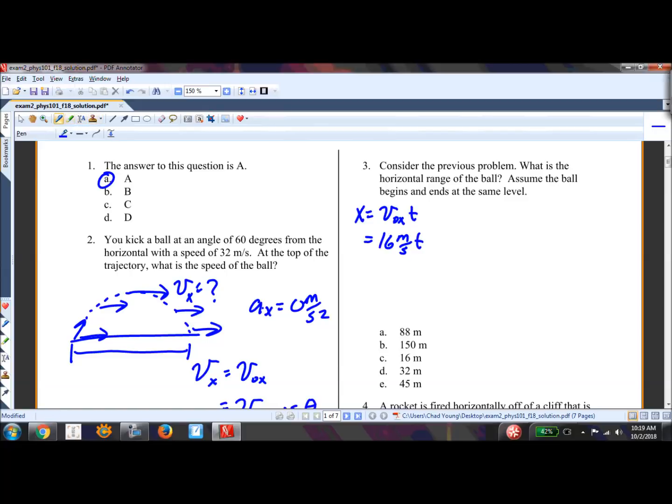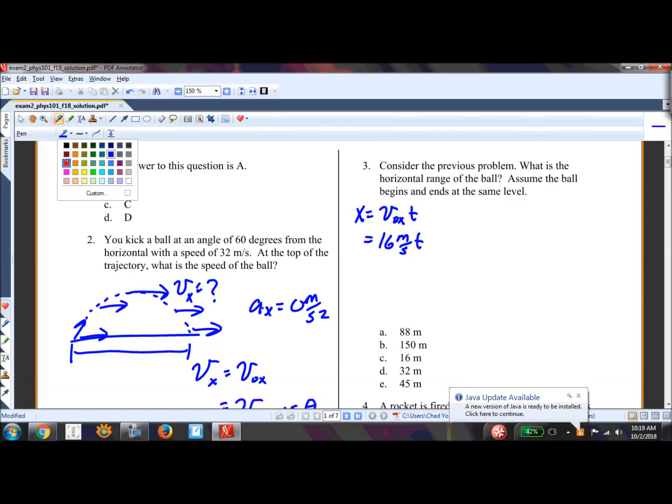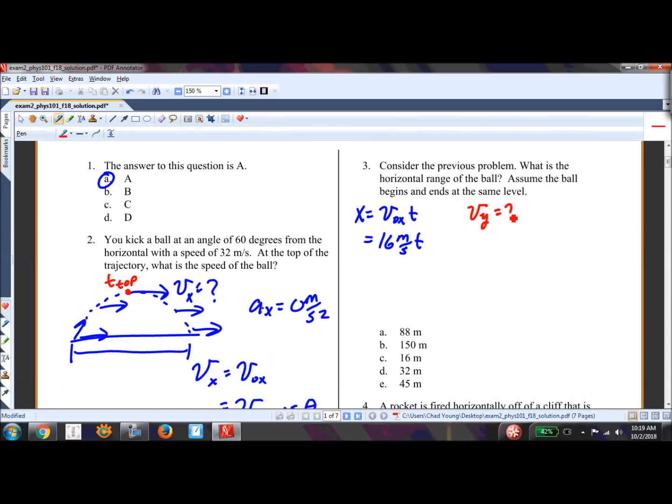And so in order to do that, I'm going to find the time up here, t top, and I know that up there that vy is equal to v naught y plus ay times t. This is 0 equals v naught y, which is 32 times the sine of 60 degrees, that's the y component of the velocity, minus 10 times t top.